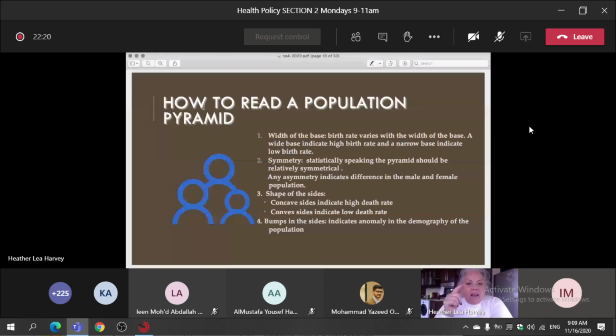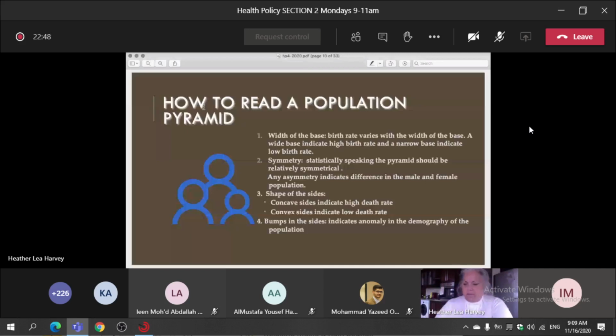The shapes of the sides: concave and convex, okay? Hopefully you're seeing my fingers as well. Concave means we're seeing high death rates, so the bars are getting shorter. Convex means a low death rate, and so we see more of a little belly. I keep them straight by thinking of contact lenses, concave and convex.